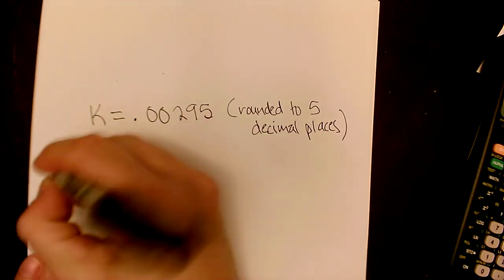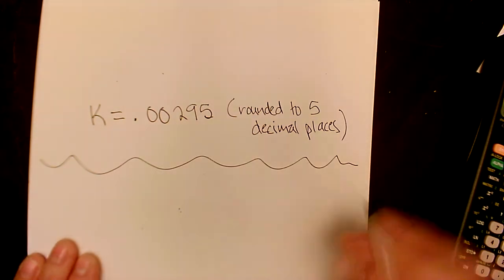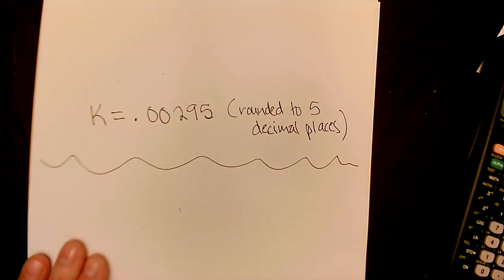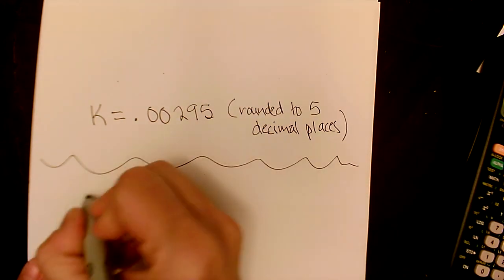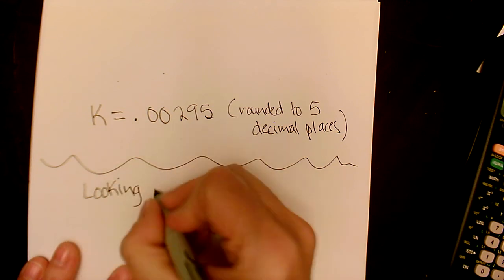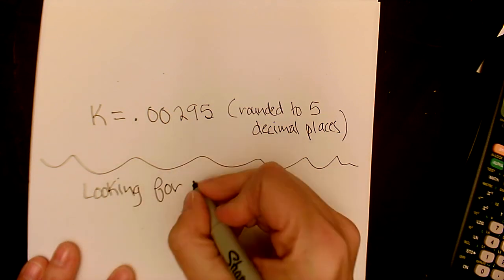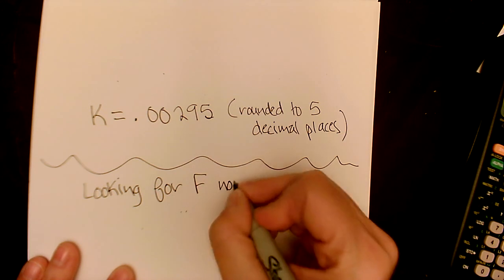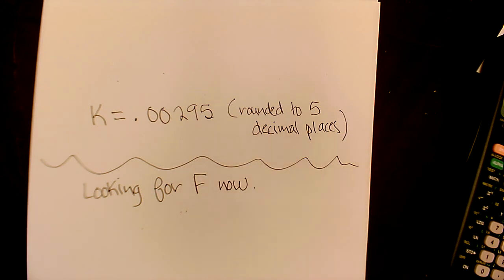Okay, so now we're on to the second part of the problem. They say find the lifting force, so we're looking for the lifting force now, which is F, when the plane slows down to 120 miles an hour.